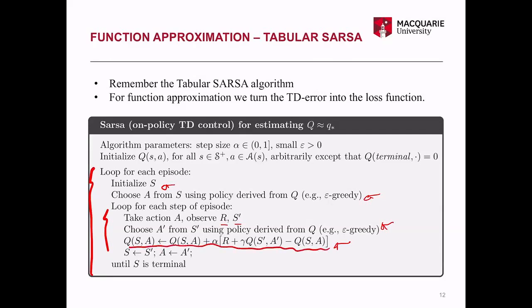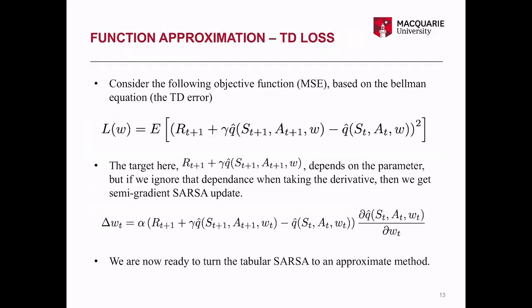You can keep the rest of the algorithm, and we need to somehow come up with a solution to convert this to an approximate method, right? So before moving to the actual algorithm, let us talk about the error here.